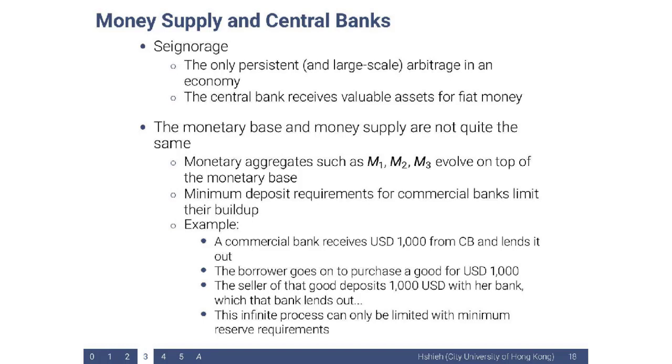All right. And just to remind you again that we're not so concerned about the differentiation between monetary base and money supply. You can read the description here for the difference. But just to reiterate, there are basically two tools that central banks can use to curtail or encourage spending and holding on to cash.